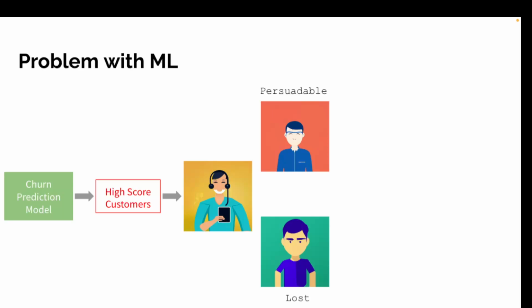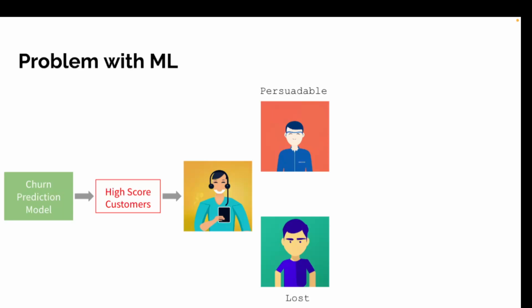And that's something we don't want to do. We want to call people that are persuadable. But since they were labeled with zeros in a new sample, they will get a low score, and therefore they won't end up in the high score segment. So we won't call them. That's one problem, I think.